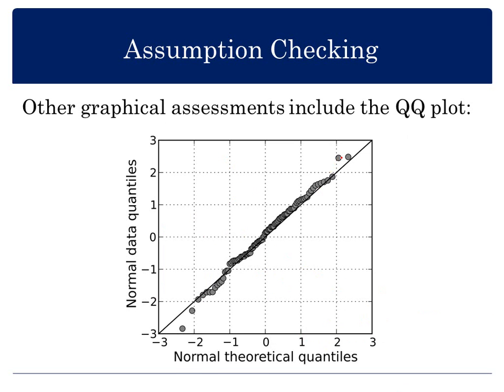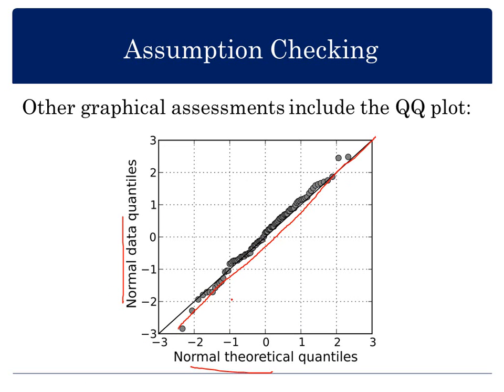You can also use something called a QQ plot. For those of you who have a little bit more advanced knowledge, it just plots your observed ranked data in terms of their quantiles or their percentiles against what they should look like if normality was met. And if what you assume and normality actually match up, then they should follow a straight line, x equal y.